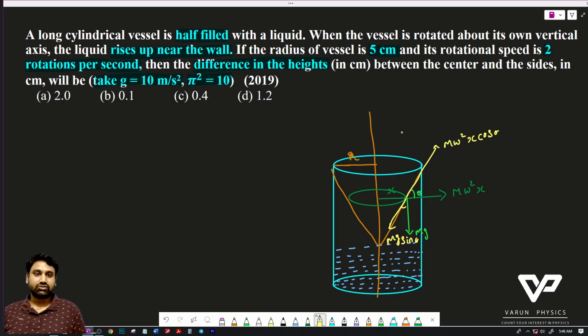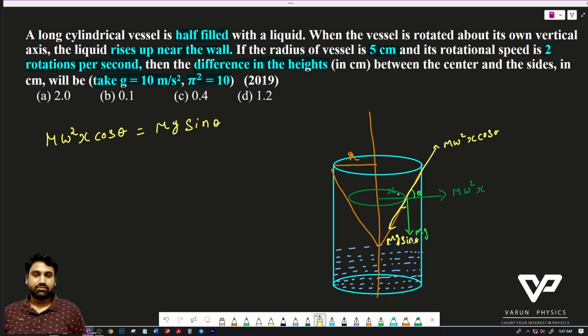Therefore, these two forces are equal and they are in equilibrium. Therefore, we can write m omega square x cos theta must be equal to mg sine theta.